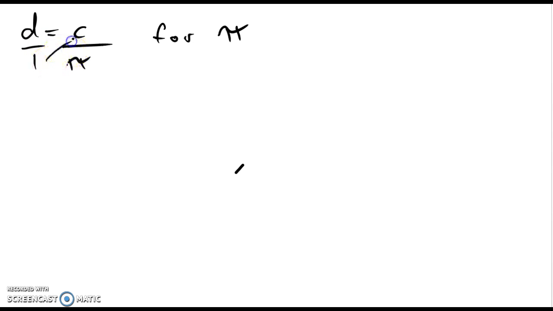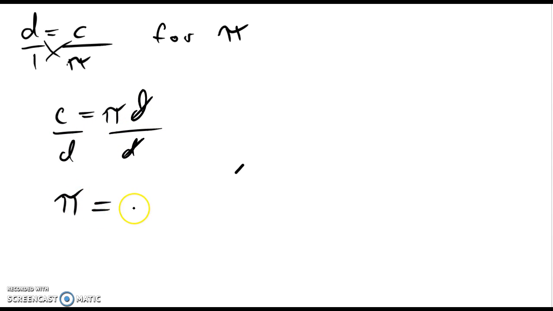It's just you can't combine them because you don't know what these variables represent. So c times 1 is c, and pi d. But we're trying to get pi by itself, so we're not finished. Now we divide by d on both sides. These cancel, so we wind up getting pi is equal to c over d.